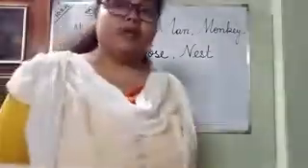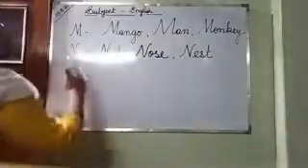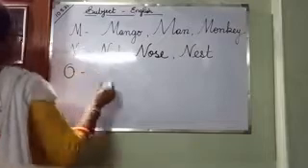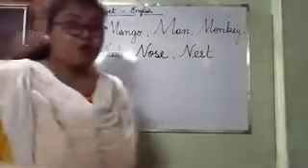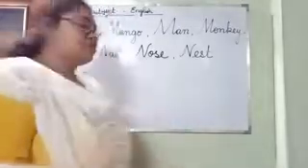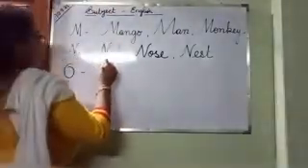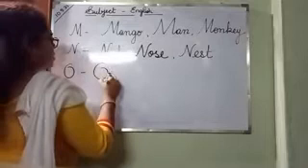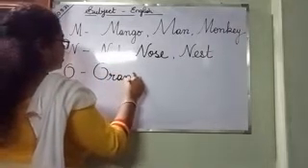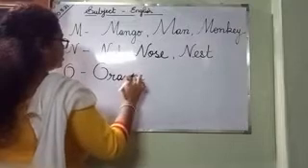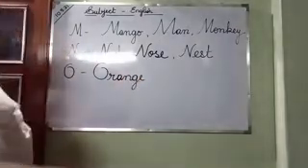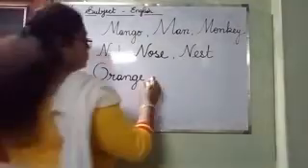Understand? Now next. Next is M-N-O. This is our O. O for a very nice fruit, that is orange. So O-R-A-N-G-E, orange. Next, what we can write?